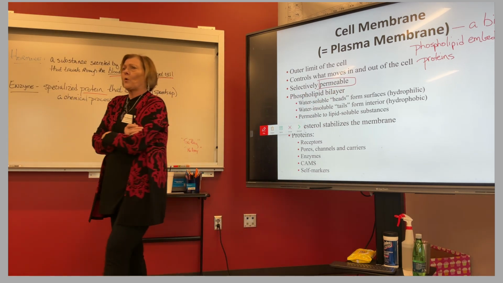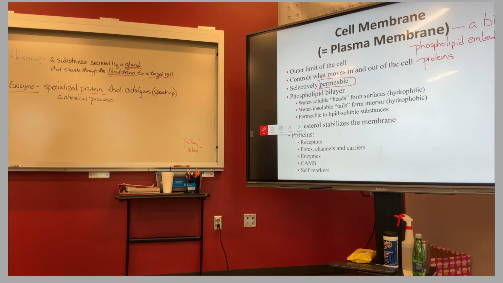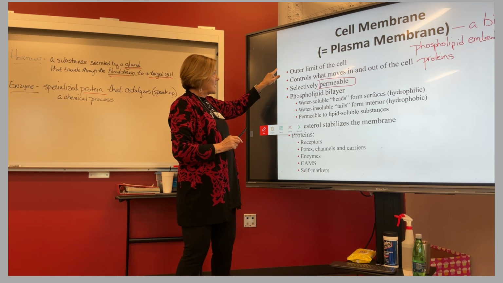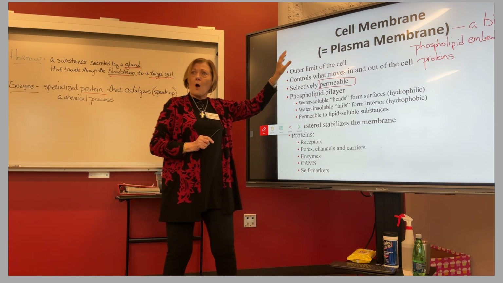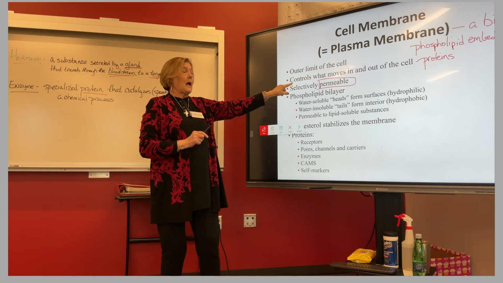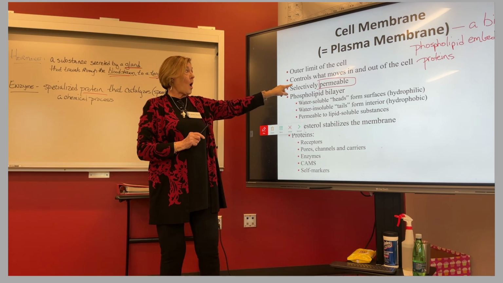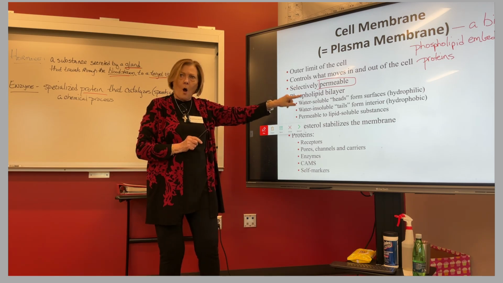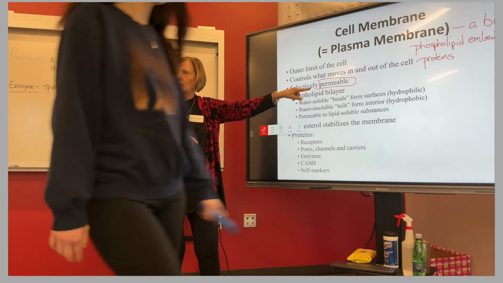Now, what does that word mean? Permeable. You can move in and out. Okay? So the plasma membrane is the outer limit of all cells, controls what moves in and out of the cell.